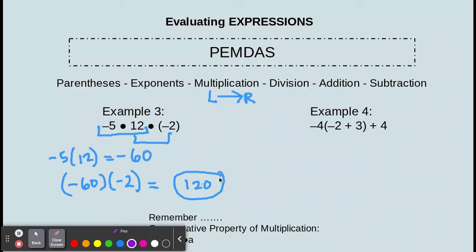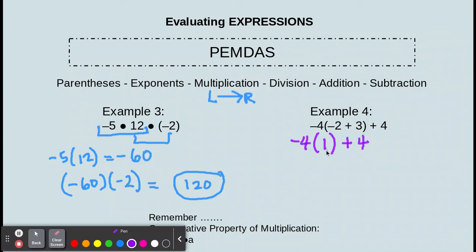On this example here, we're going to do what's within the parentheses first. So negative 2 plus a 3 is the same as saying 3 minus 2, right? You can do it in any order. So 3 minus 2 is a 1. So it becomes that. Next, we need to do our multiplication.